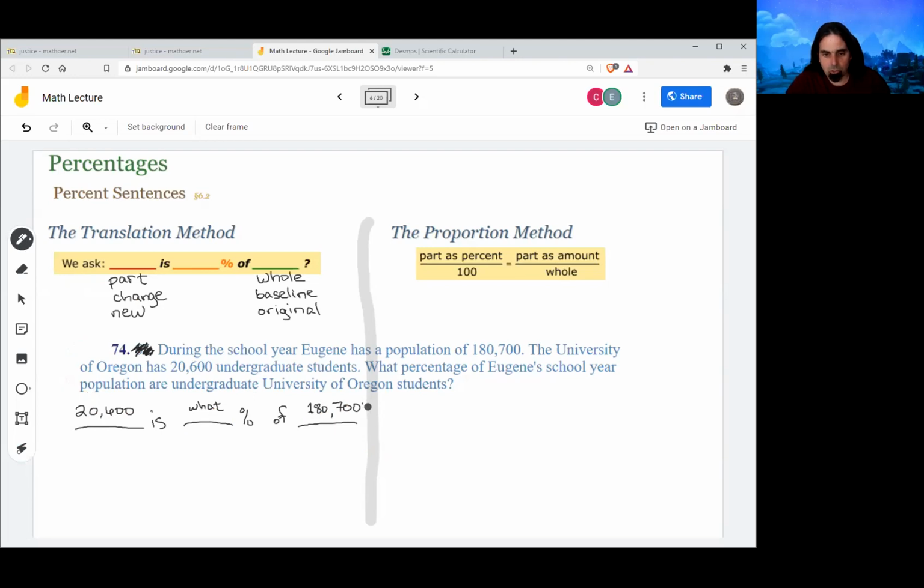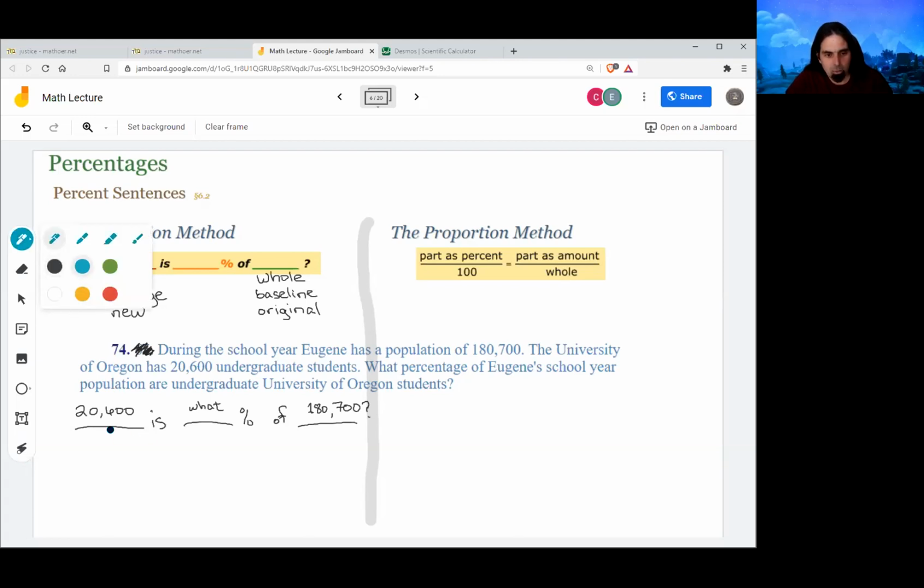You could even put a question mark if you wanted. Everyone okay with filling in the blanks? Yeah. And if you can do that, then you can do any of these word problems because they are all like that.